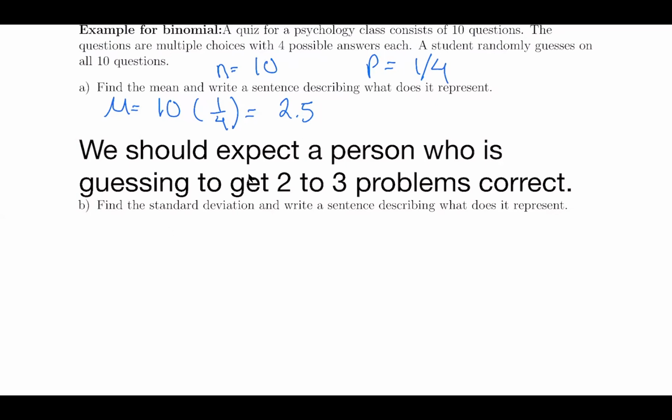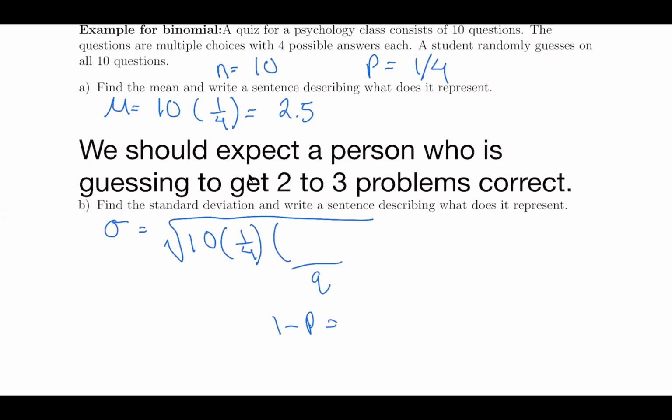So right now we're going to go ahead and find the standard deviation. For the standard deviation, we take the square root of n, which is 10, times 1 out of 4. And this is q. So q is always 1 minus p. So 1 minus 1 over 4, which is just 3 over 4.